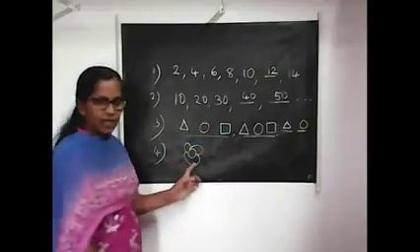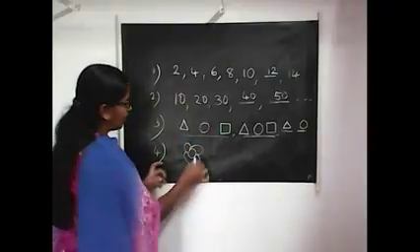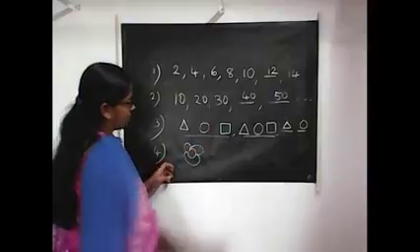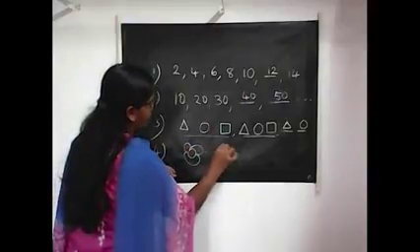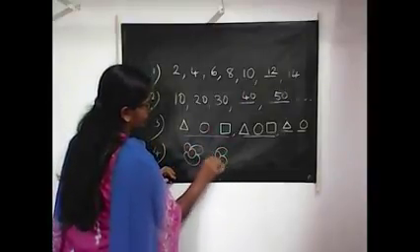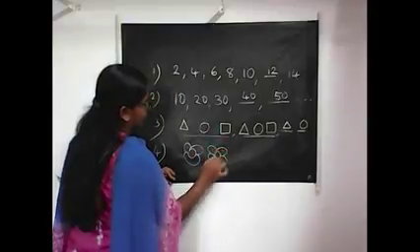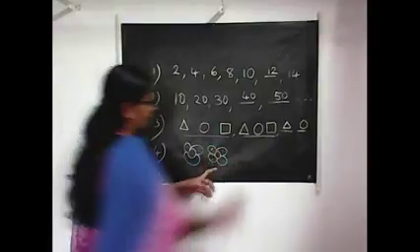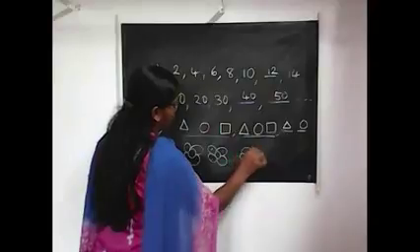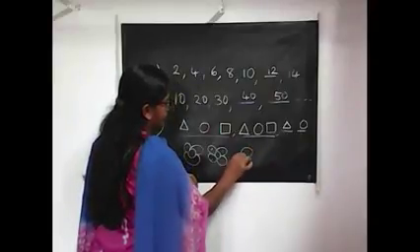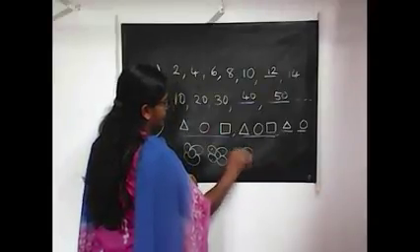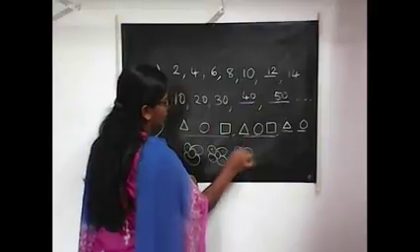See, this is just like the shape of a flower which has 3 petals. Next one. Four petals. Next one. 1, 2, 3, 4, 5 petals.